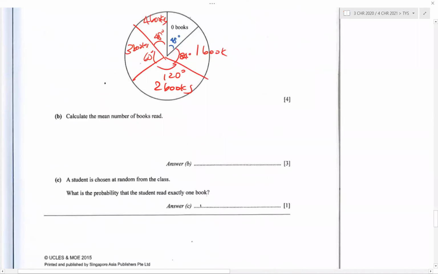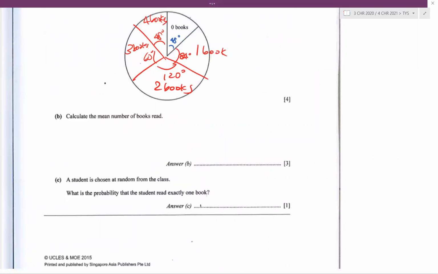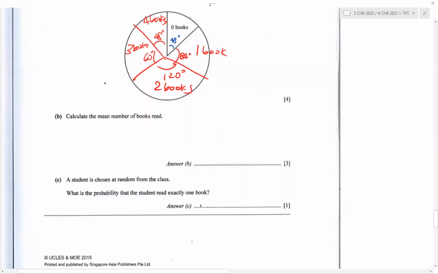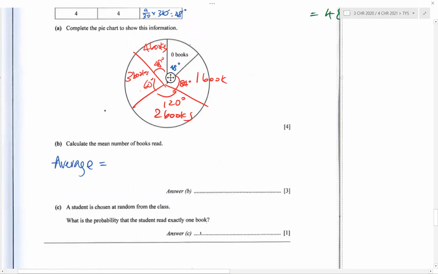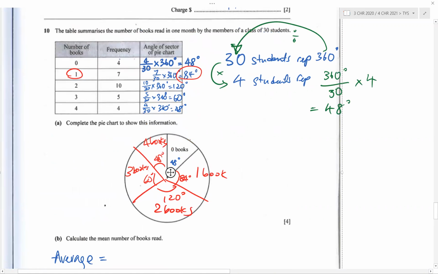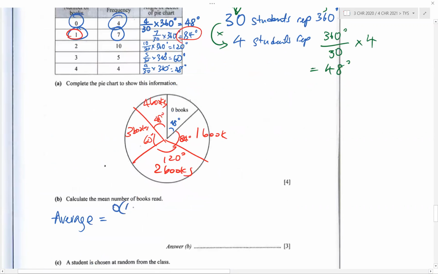Now the mean number of books is the average number of books. So how many did everybody read altogether? Average. The total number of books is 0 times 4 plus 7 times 1. Add on, add on, add on. Okay, so total will be 0 times 4, 1 times 7, 2 times 10, 3 times 5, 4 times 4, over a total of 30 students.